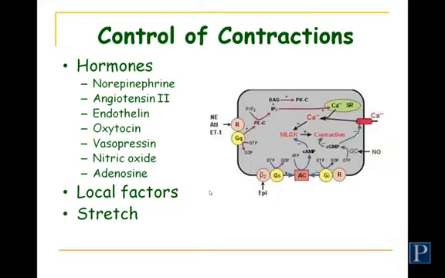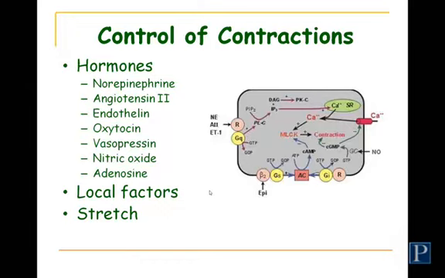So it would cause blood vessels to open up or dilate, which would increase blood flow. Adenosine is also a very good relaxant. This is a byproduct of the breakdown of ATP. If you take all the phosphates off of ATP, you're left with adenosine.